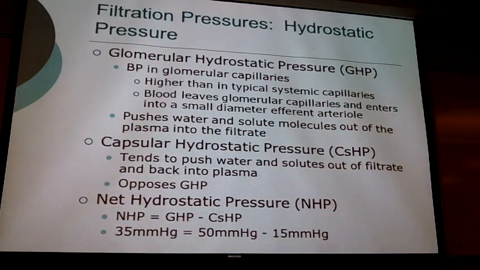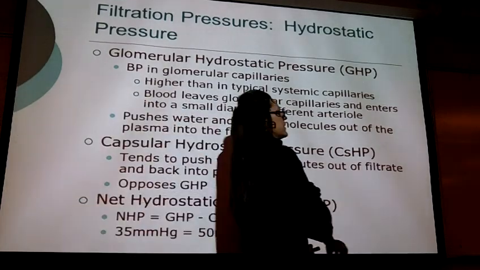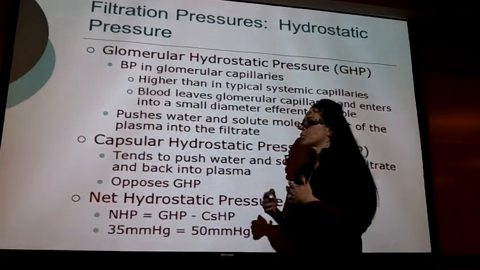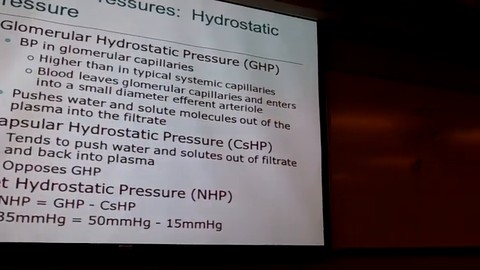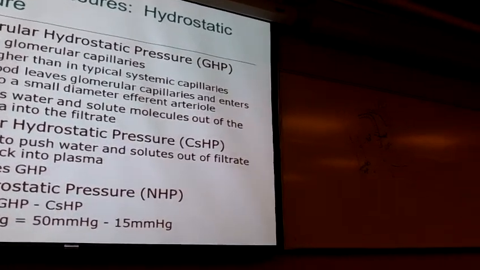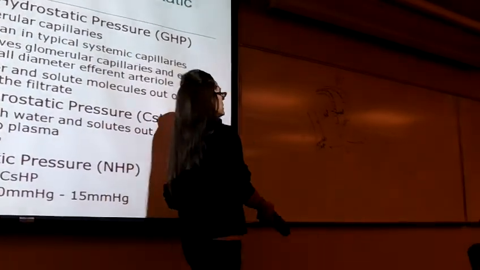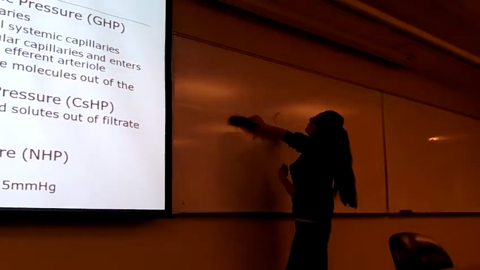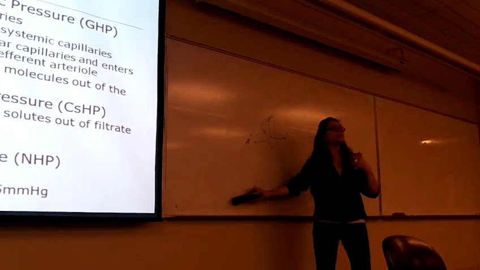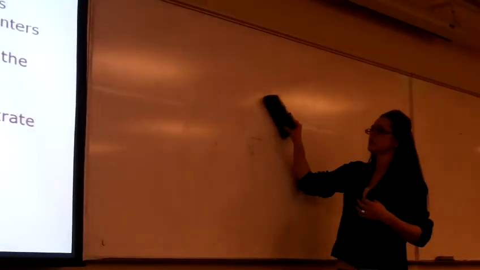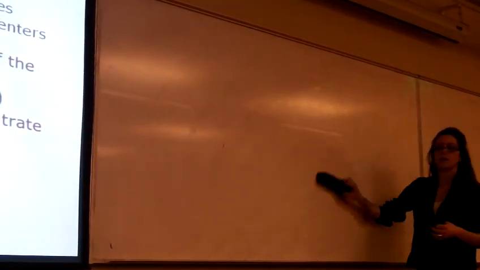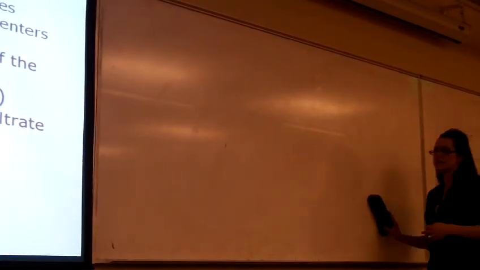Okay, so we're going to start with filtration, and we're going to ask: what are these pressures? What are these forces that are causing a filtrate to be formed? So why does the fluid leave the blood? Why does the fluid and whatever is dissolved in the fluid leave the blood? What's forcing it to leave the blood?